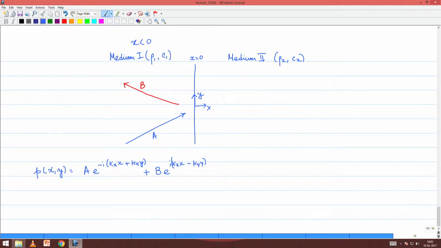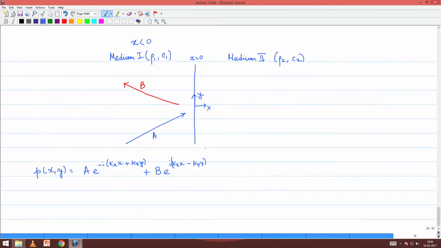The magnitude remains the same, because if the magnitude changes then the angle of incidence will not be equal to the angle of reflection. The angle of incidence equal to the angle of reflection gives us that the k x associated with the B wave will be the same as the k x associated with the A wave. There is just a flip in sign which shows that it is traversing in the reverse direction along x. So, that is as far as the x less than 0 region goes.